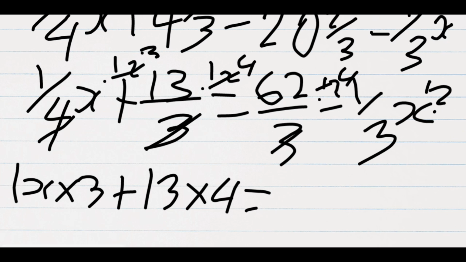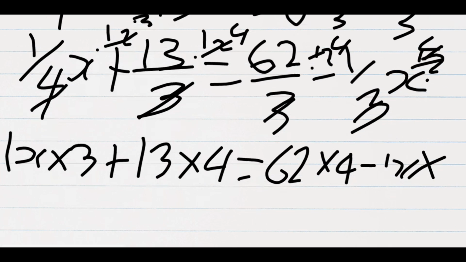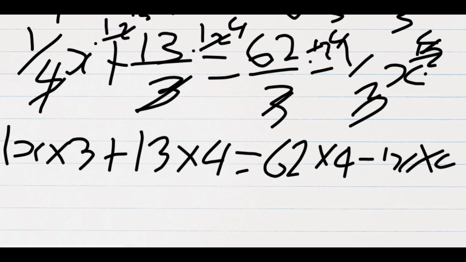minus, this is going to cancel this and you'll be left with 4. So we have 1x times 4. 1x times 3 is going to give us 3x. 13 times 4 is 52.